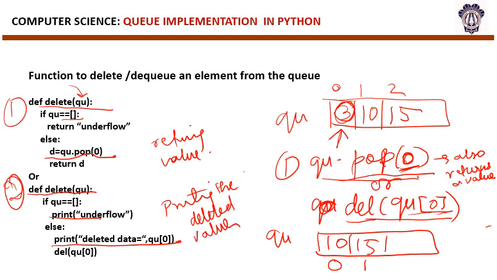Option is yours. You can use any one of them, if it is not specifically asked in the problem that the function should return the deleted value. So for adding an element in the Q, you use the function append. For deleting an element from the Q, you use pop0 or del Q0.